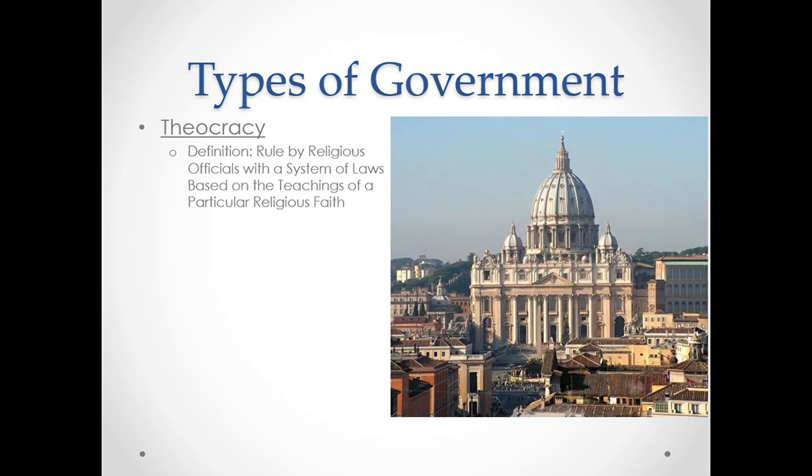Vatican City is the headquarters and capital of the Catholic-run nation. It's very small. It's actually in the middle of Rome, which is in Italy, and Vatican City is entirely based off the teachings of the Catholic faith through the Bible, and the Pope, which you've probably heard of before, is the head of the church and of Vatican City.